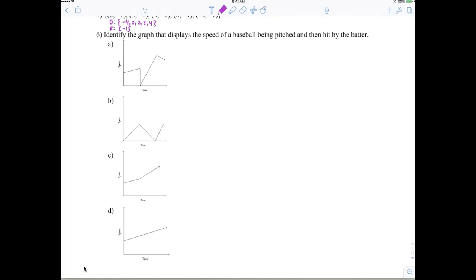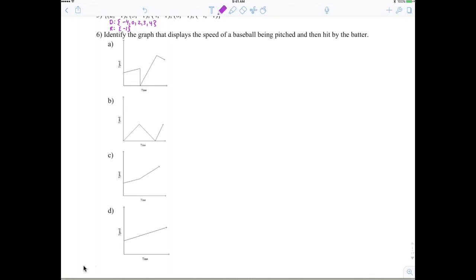It's kind of like when you throw something up and it turns around, what's the velocity? It has to hit zero at some point. If it doesn't hit zero, then it's going to keep going up. Does everybody agree with that?